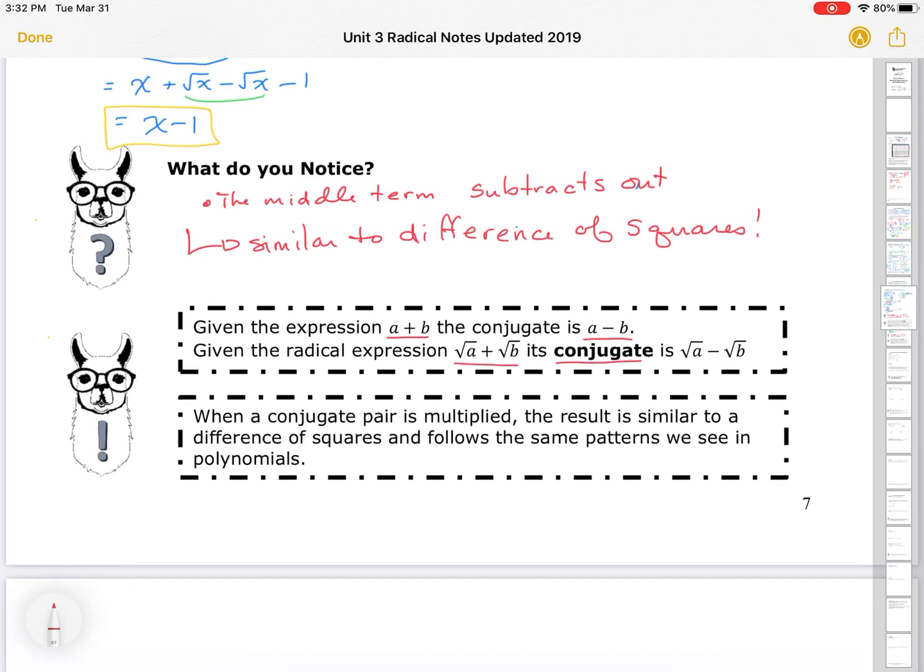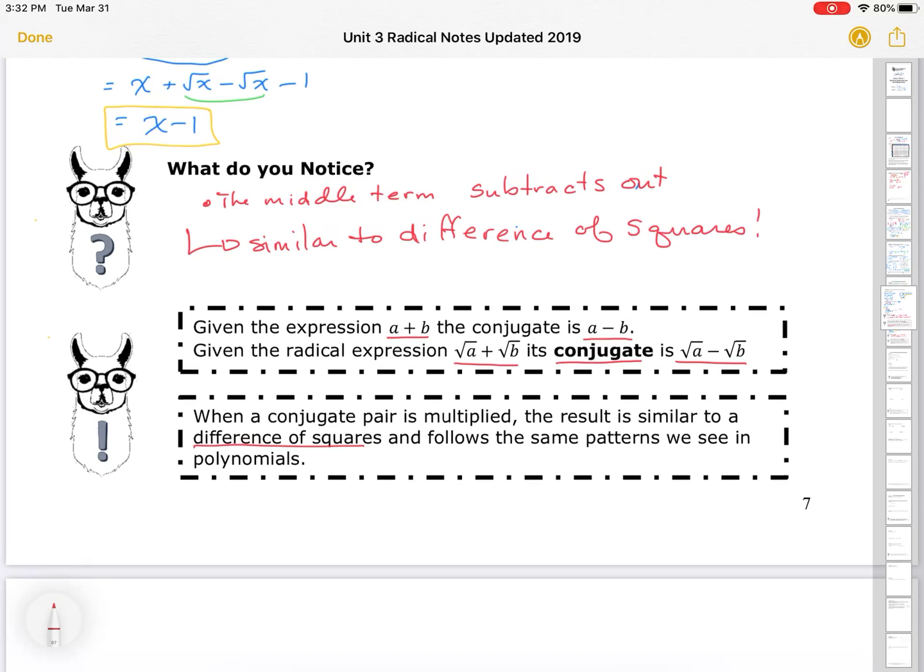If we have a radical expression, root a plus root b, its conjugate is root a minus root b. And when we multiply those conjugates, the result's very similar to what happens with the difference of squares, and it follows that same pattern.